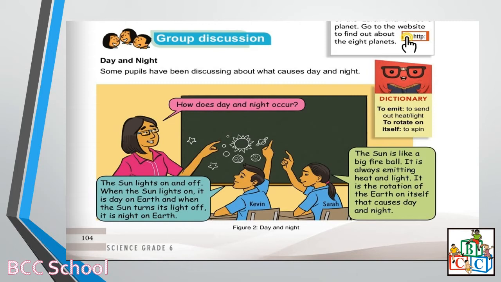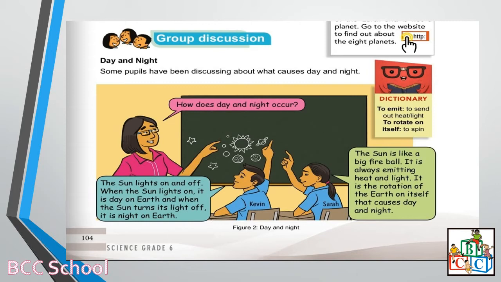So after having read the two conversations, what do you think? How does day and night occur? Who do you think is right between the two students? Is Kevin right or Sarah? Kevin has said the sun is going to light on and off, so when the sun turns its light off, it is night.